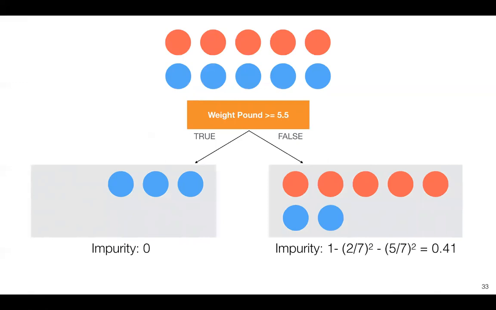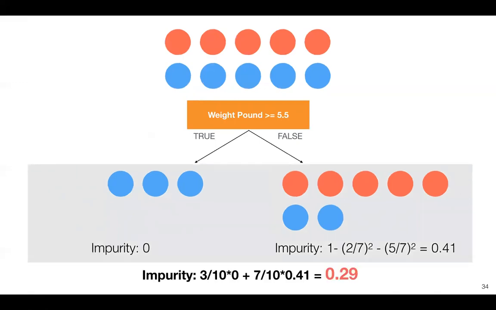And what we're going to do is get the weighted average between these two. And that equals 0.29. Okay, so this 0.29 is the Gini impurity, or how much weight pound can help to influence the impurity score.